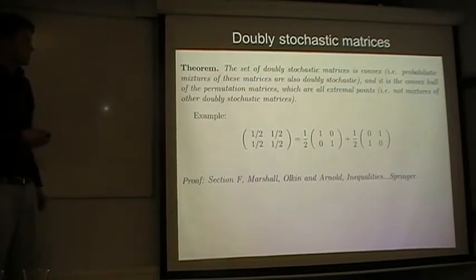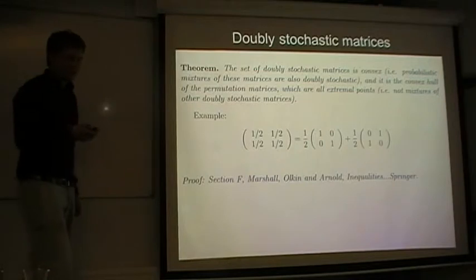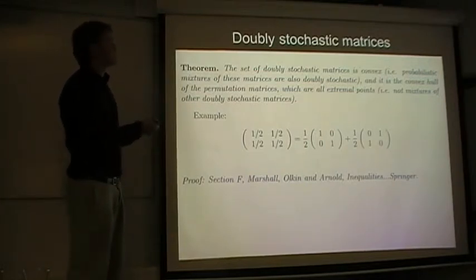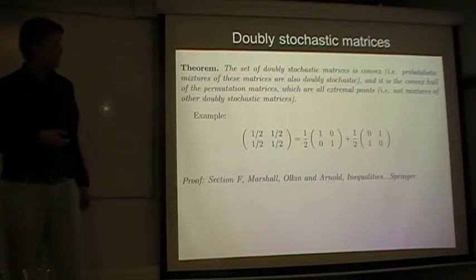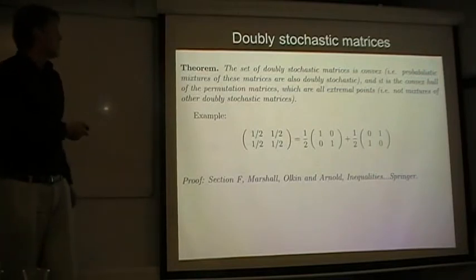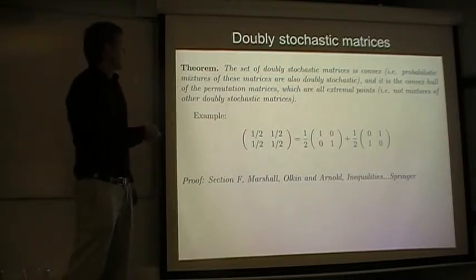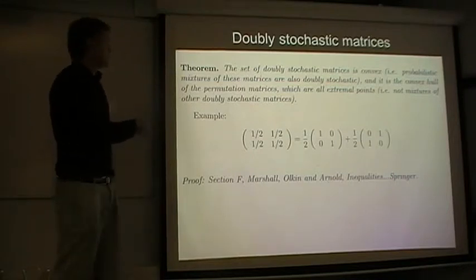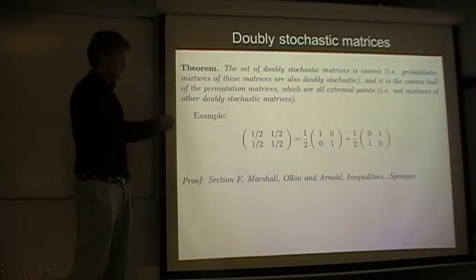Then, if you just think of these matrices as some abstract set, it's a convex set. So probabilistic mixtures of these matrices are also doubly stochastic. You can form this set by taking the convex hull, so all probabilistic combinations, of the permutation matrices.